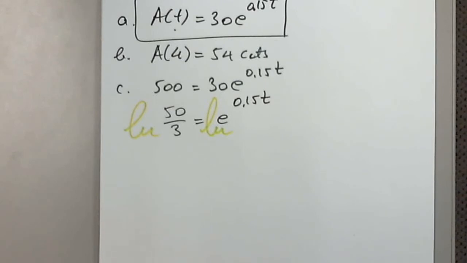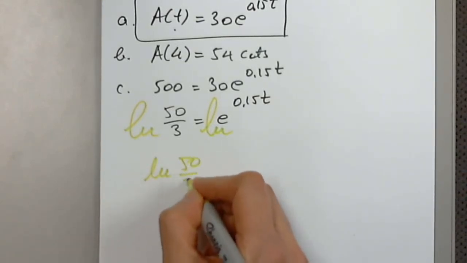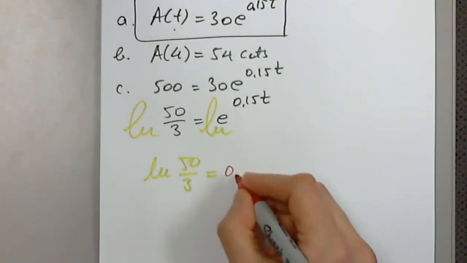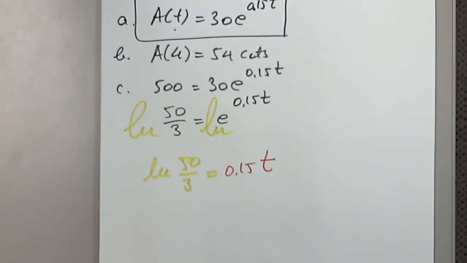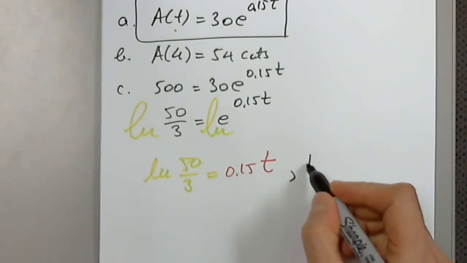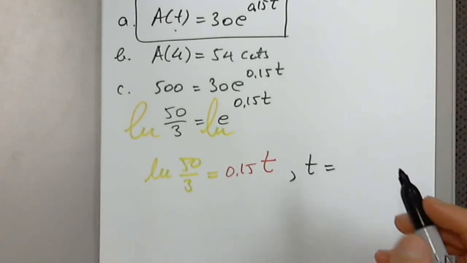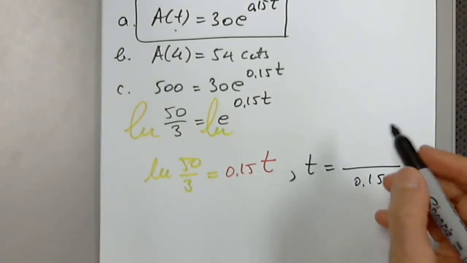The left-hand side is natural log of 50 over 3, and the right-hand side is 0.15t. Good. Final step: divide by 0.15. Awesome. Thank you. Well done.